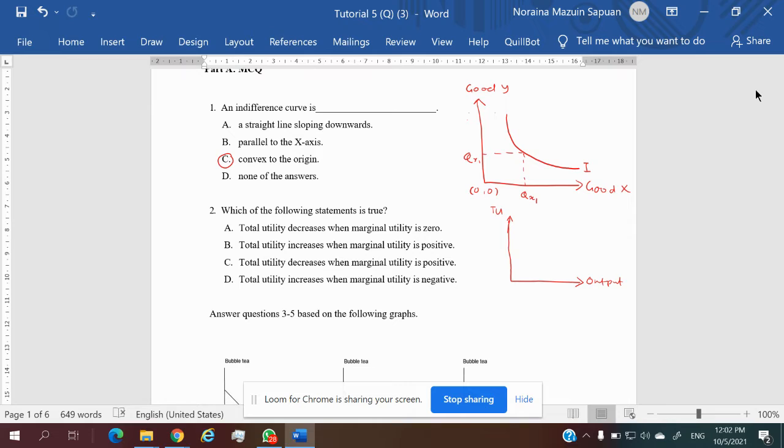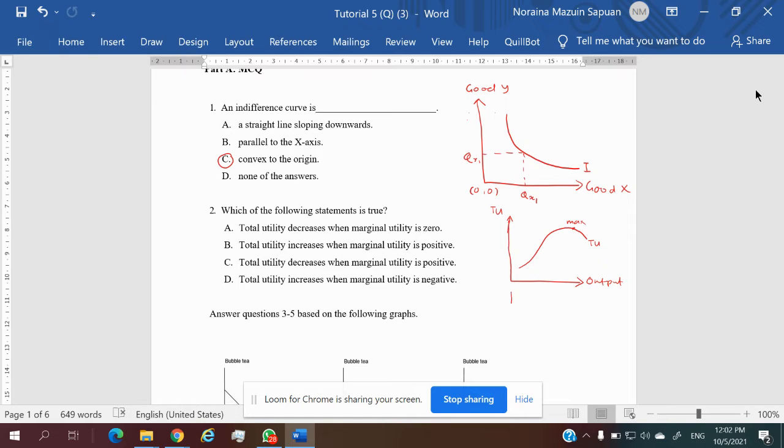Total utility at first is increasing and then it achieves a maximum point before declining. So this is where we achieve the maximum of our total utility.